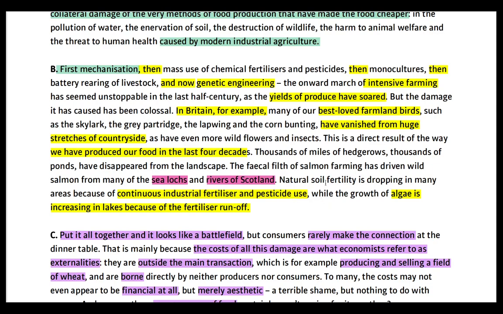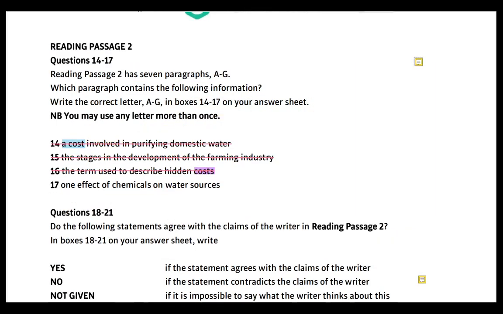So the natural soil fertility is dropping in many areas because they're using industrial fertilizer and pesticides, and therefore the algae is also increasing in lakes because of the fertilizer runoff. So according to that, we can also remove question number 17 and choose 17 as option B.